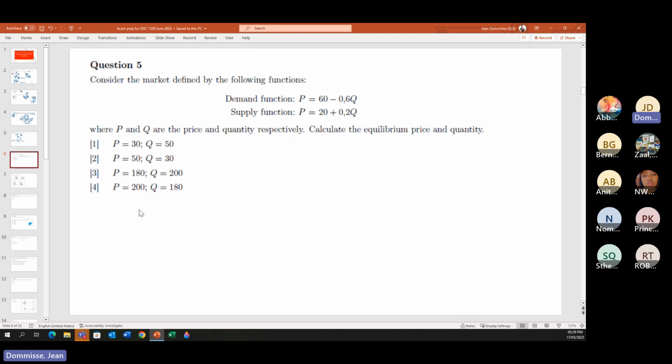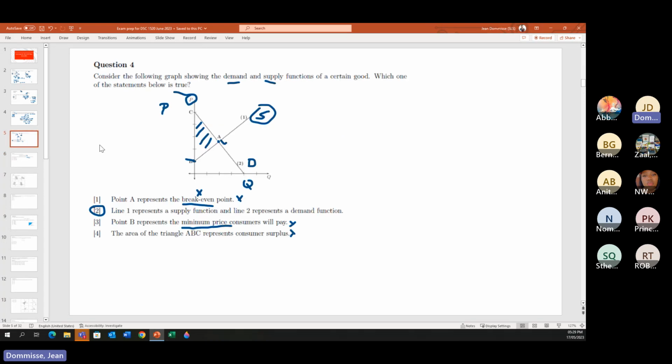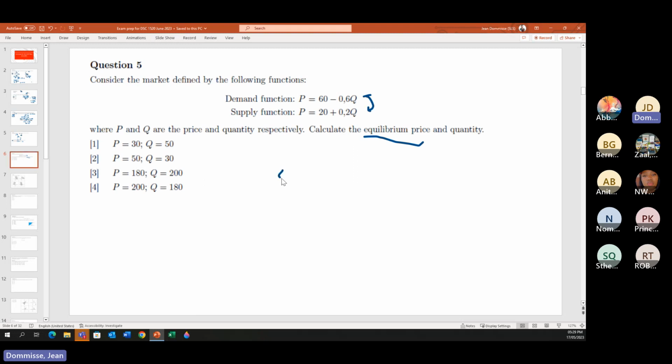So again, when you work it out, make sure that if you work out Q, you know you're working with Q, and if you work out P, know that you're working with P. Okay, so equilibrium price is where the two are the same. So we've seen it, it's basically that point. So we can say it is where the two are equal to one another.